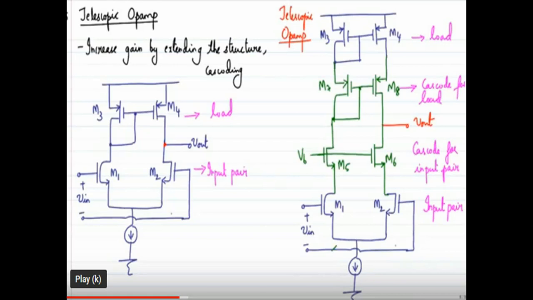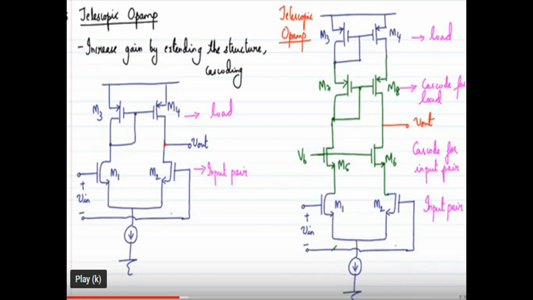The green transistors represent the cascode structures, one for the load and the other for the input pair. The blue ones represent the input pair and load pair. So the single-ended opamp structure is extended by cascoding, resulting in the telescopic opamp.